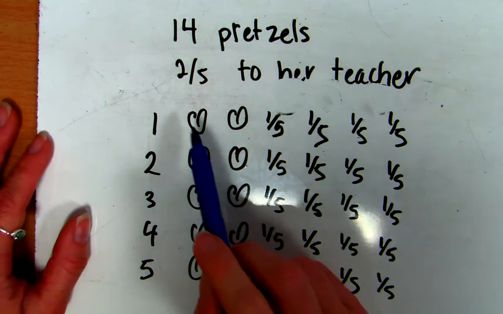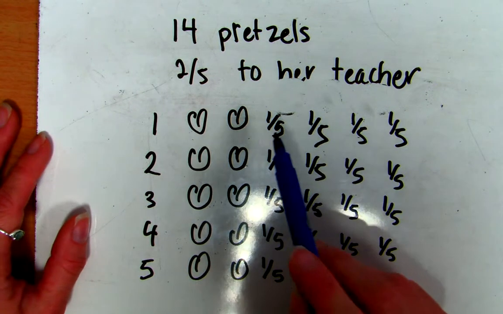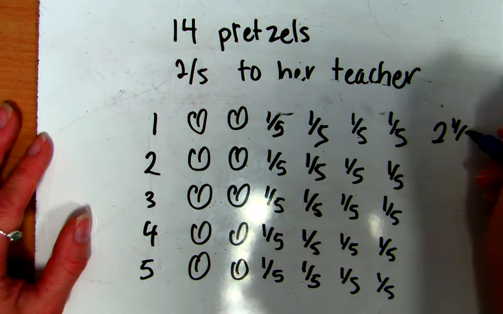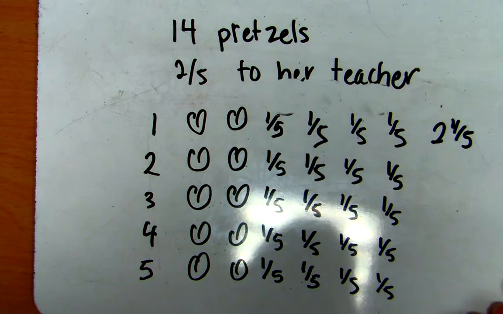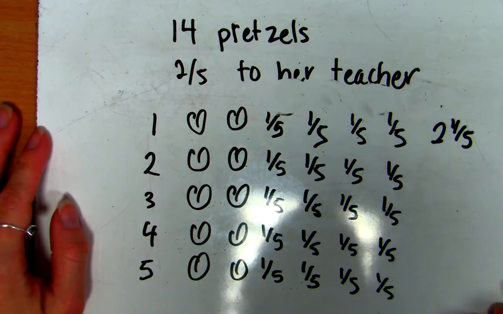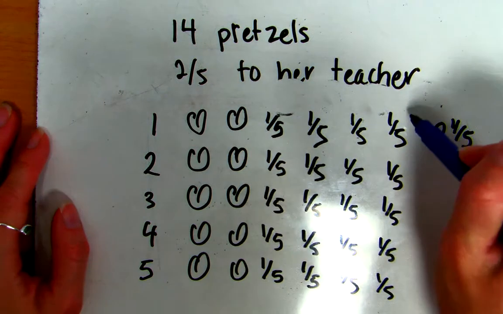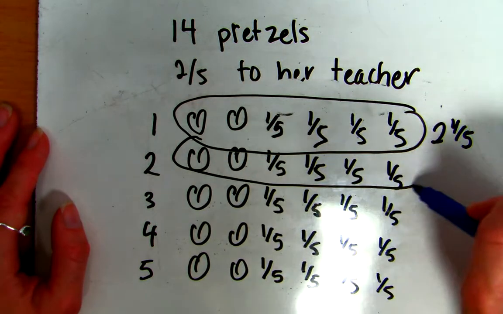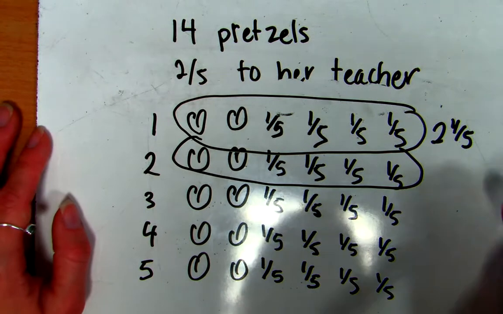Okay, so each group now has 2 whole pretzels, and 4/5 of a pretzel, so 2 and 4/5 pretzels in each group. And how many of the 5 groups am I giving to my teacher? Well, I'm giving her 2 of the groups. So here's 1 group, 2 groups. And what does that end up being in total?